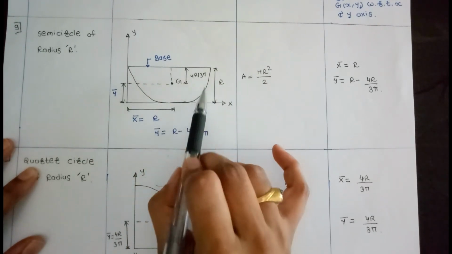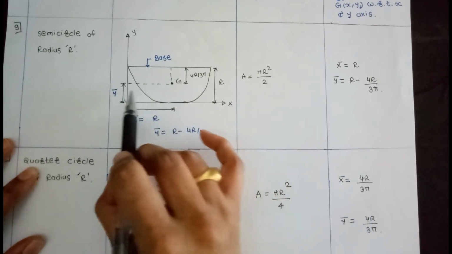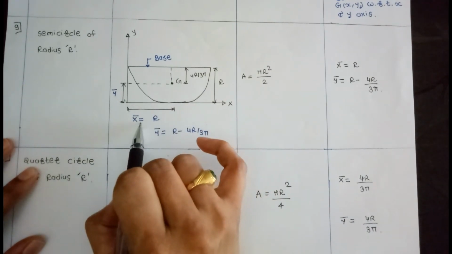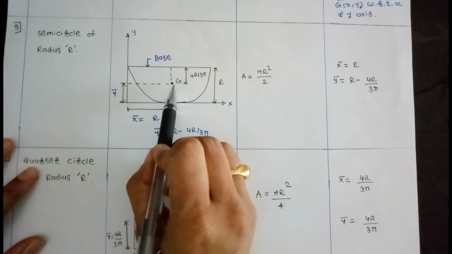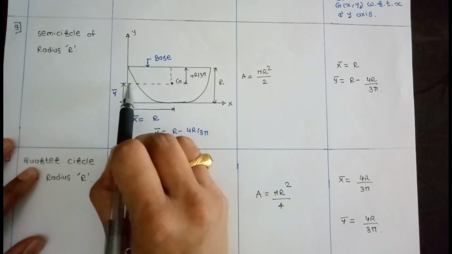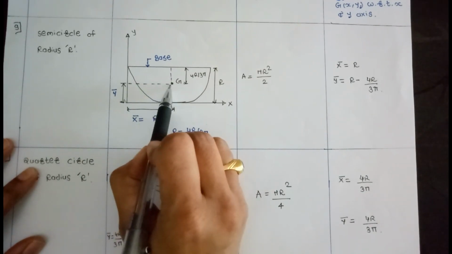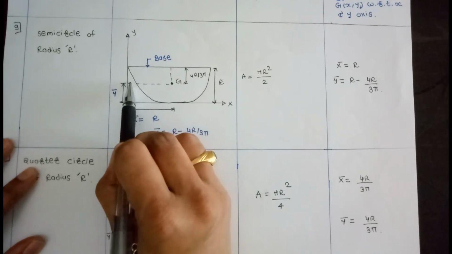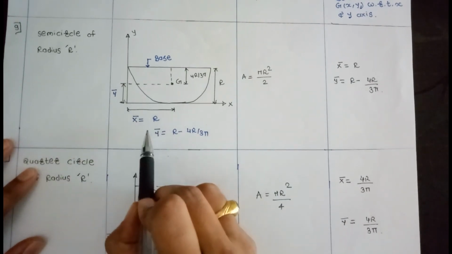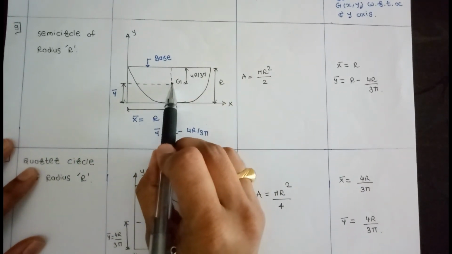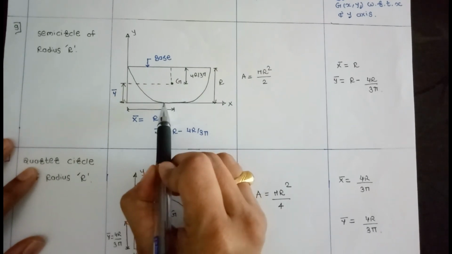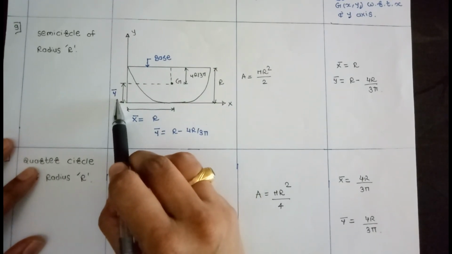Okay, total is r. So calculate x bar and y bar. What is meant by x bar? The distance of the center of gravity from the y-axis base means x bar. The distance of the center of gravity from the x-axis base means y bar.